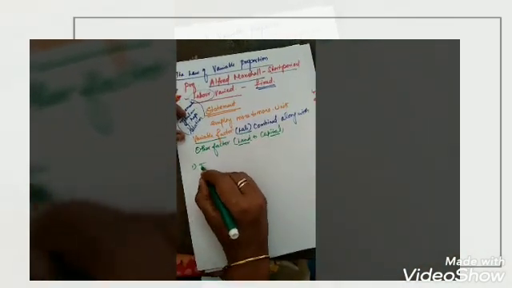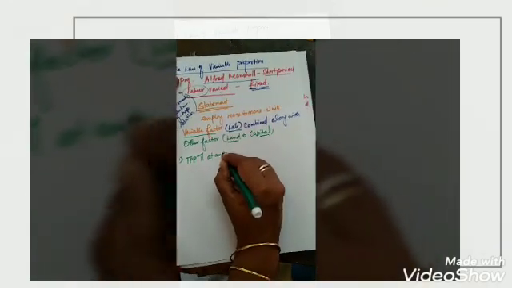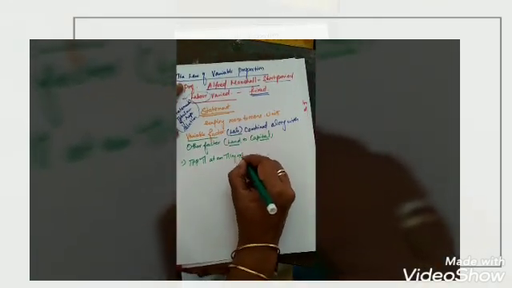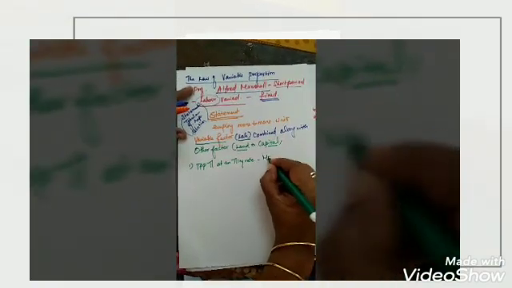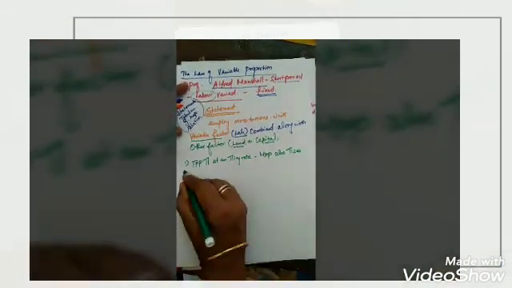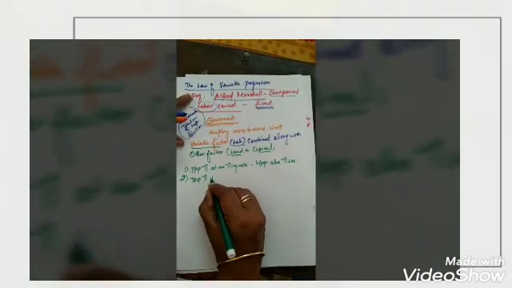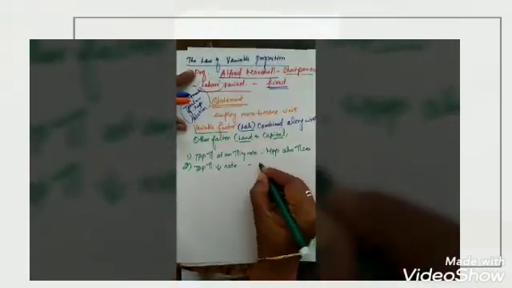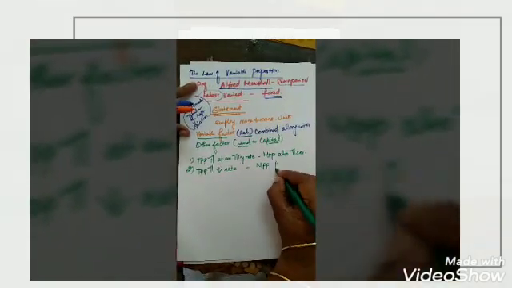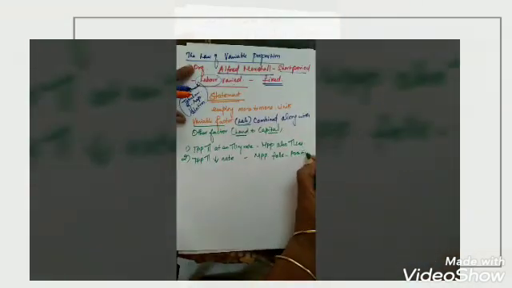First one is the TPP increases at an increasing rate. That time MPP also increases. The second one is the TPP increases at a diminishing rate, because MPP falls, but it is positive.